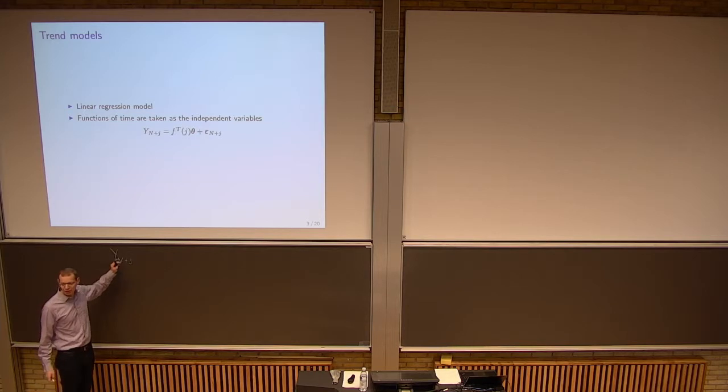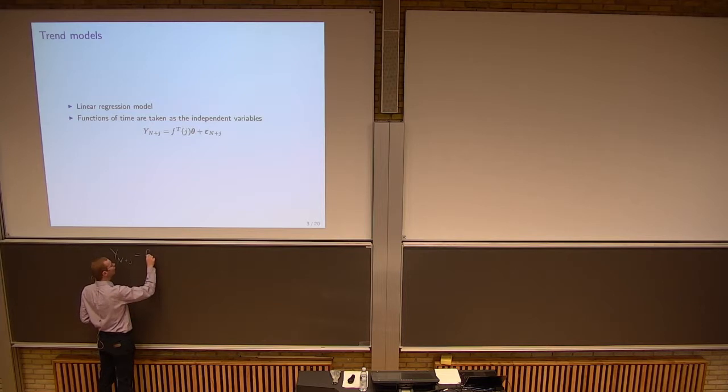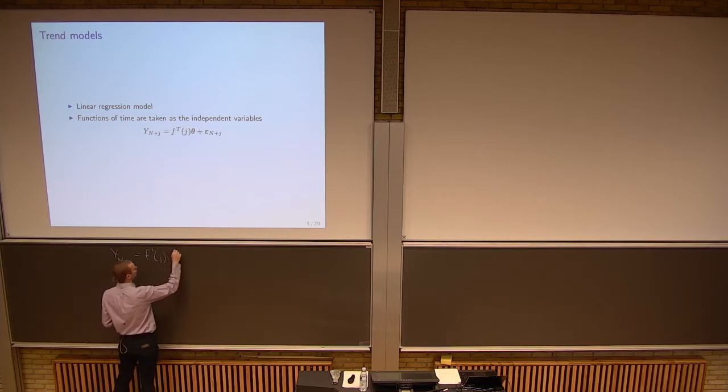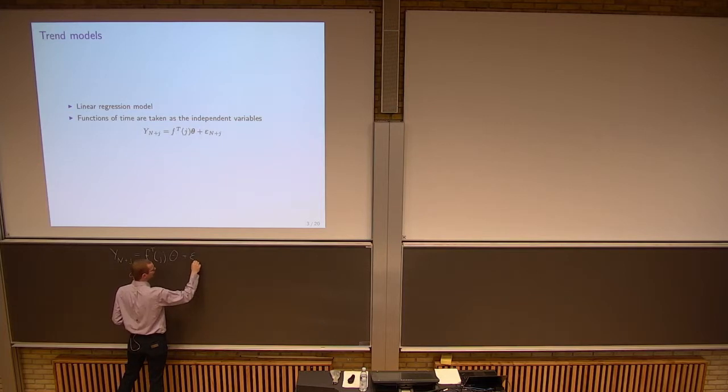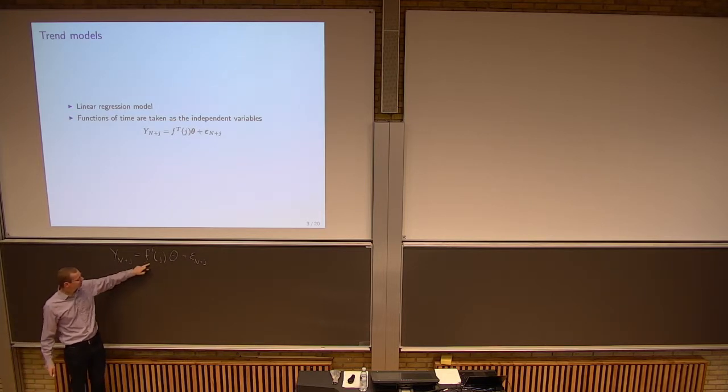Then you can get to any observation: previous observations by having it negative, current by 0, and future by positive. And then we have some function f of j, the time shift, multiplied on our parameters, and then we have, of course, the noise element that is associated with the corresponding observation. The trick is this f of j.